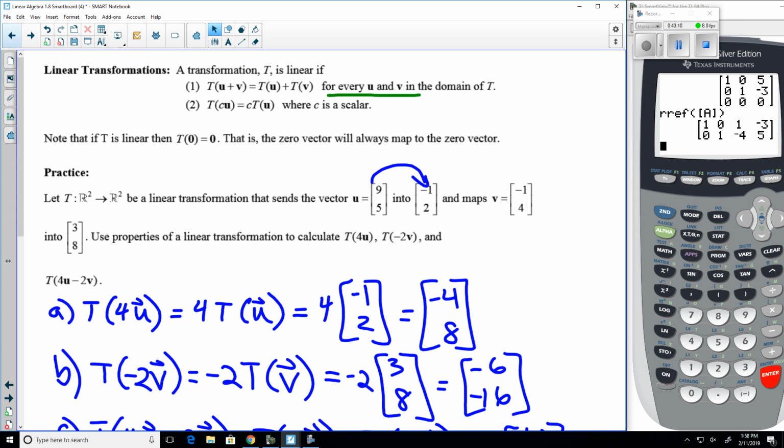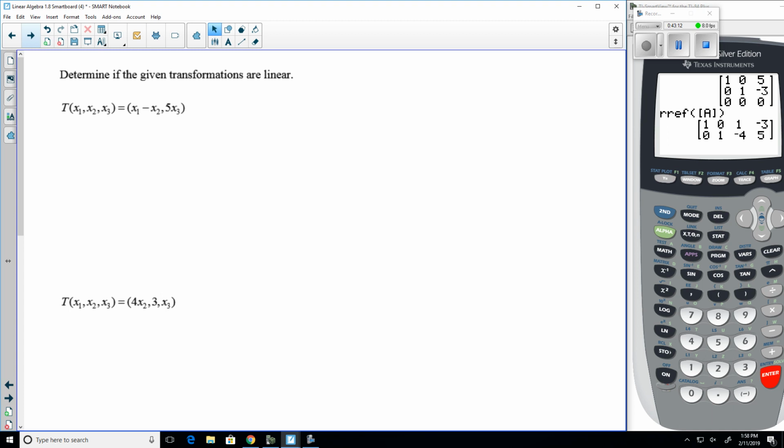Okay? Now, if we figure out that it's not linear, then all we have to do is come up with one example where it's not true. Does that make sense? So, if it's not true for all, that means there's at least one where it's not true. So we just have to find one example.